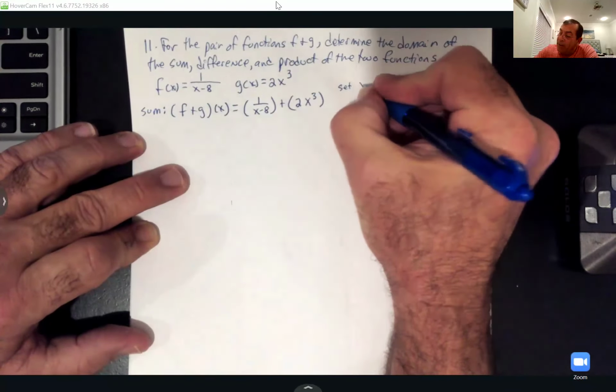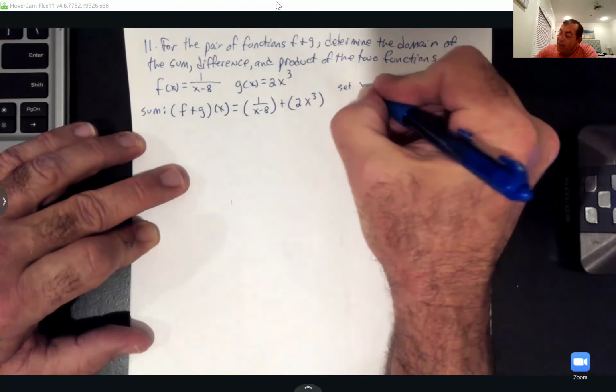The difference, that'll be f minus g of x. Well, you always want to set up the same way, other than the adding is going to be a subtraction. So it'll be 1 over x minus 8 minus 2x to the third. Well, guess what? There's only one thing I'm worried about again, and it's the same fraction.